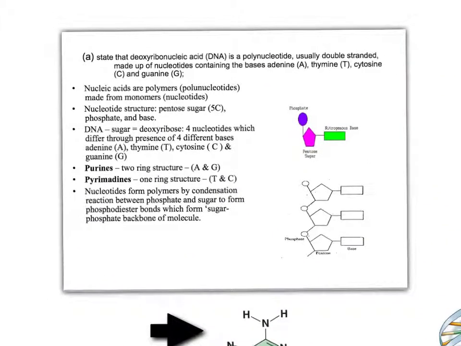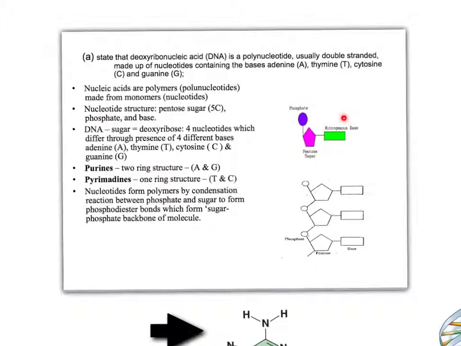So, summarising all of that, nucleic acids are polymers, which we call polynucleotides, and those polynucleotides are made out of monomers called nucleotides. A nucleotide has 3 components: the pentose sugar, the phosphate group, and a base.